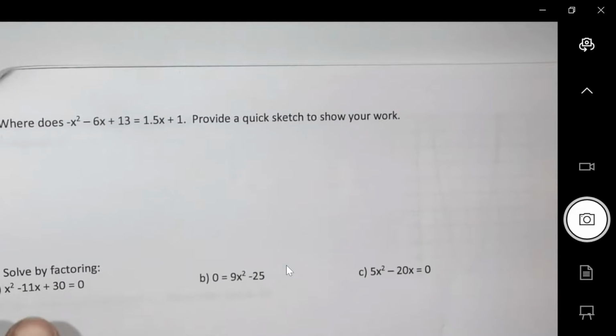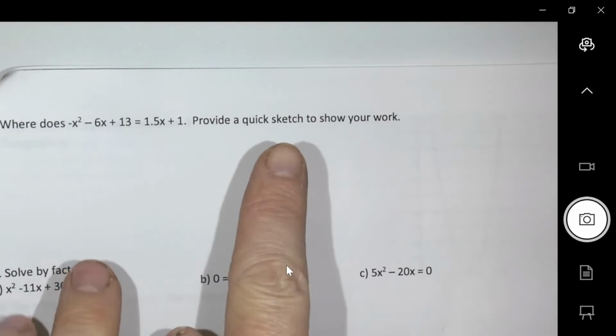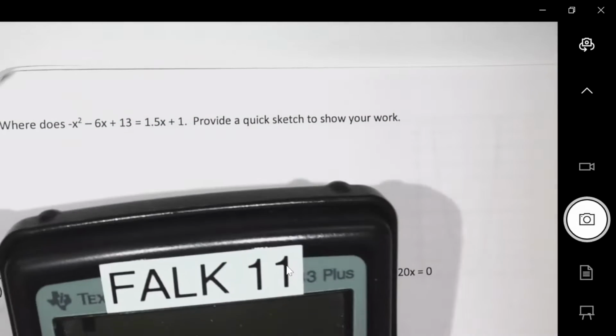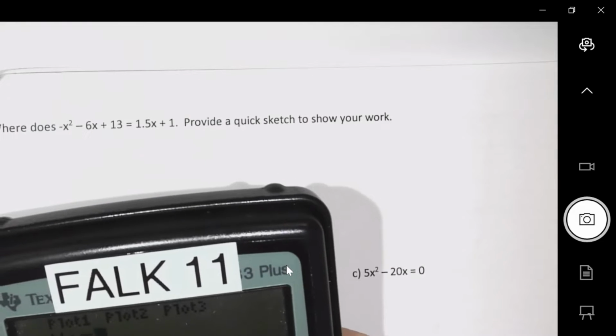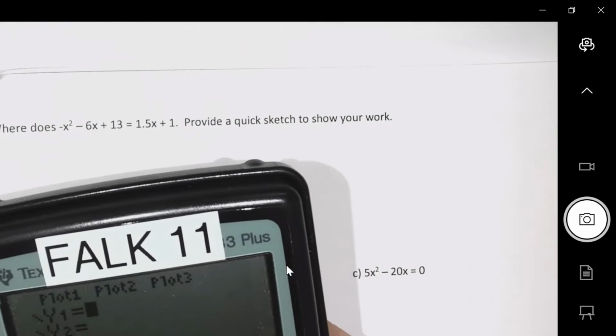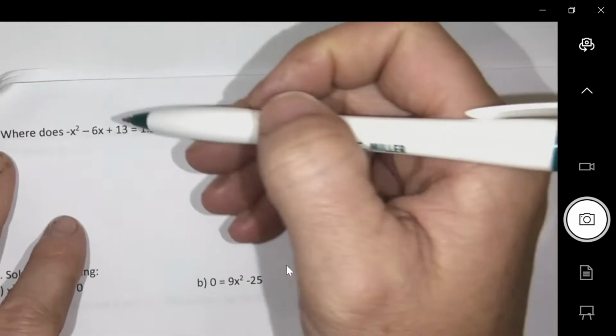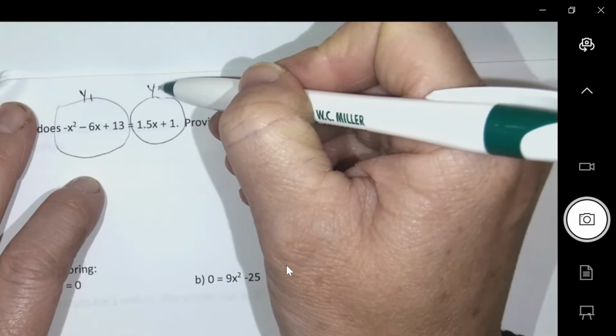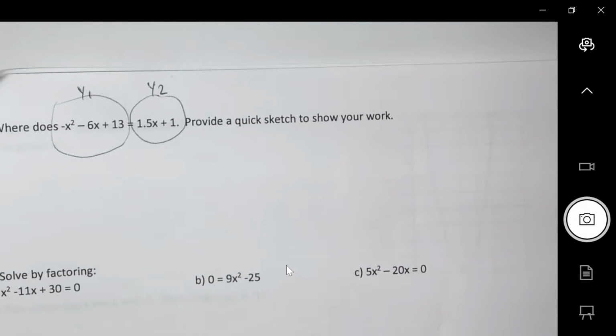Okay, where does this equation equal this equation? Provide a sketch. So I'm going to type this into y1, and I'm going to type this into y2. And I'm going to zoom 6 again just to reset my graph as well.